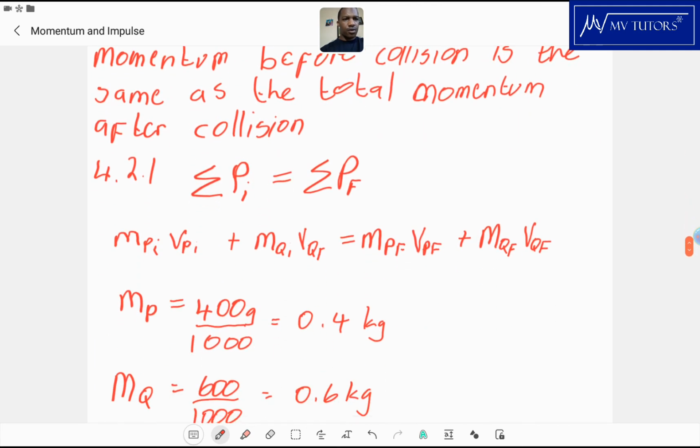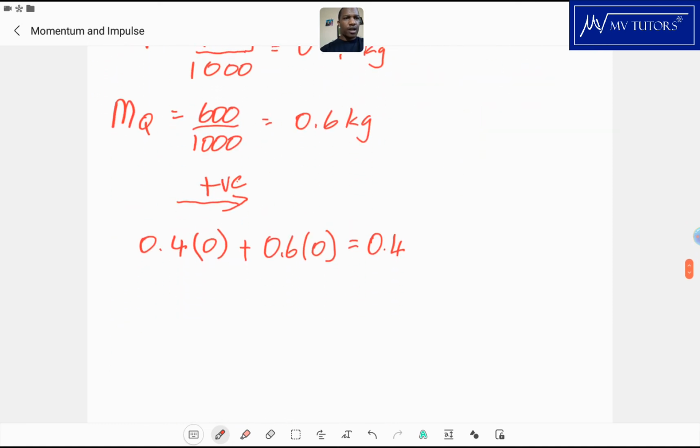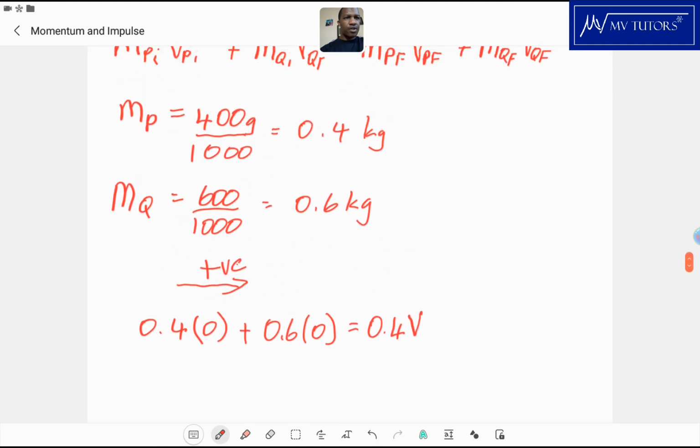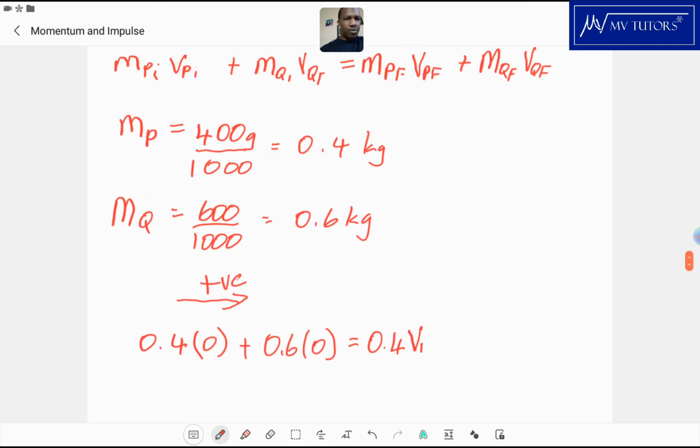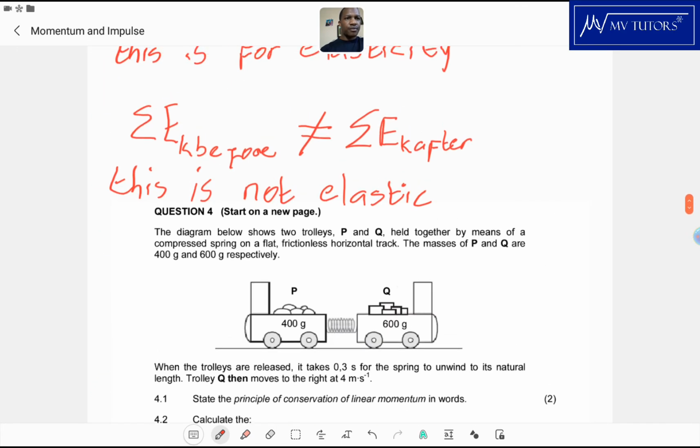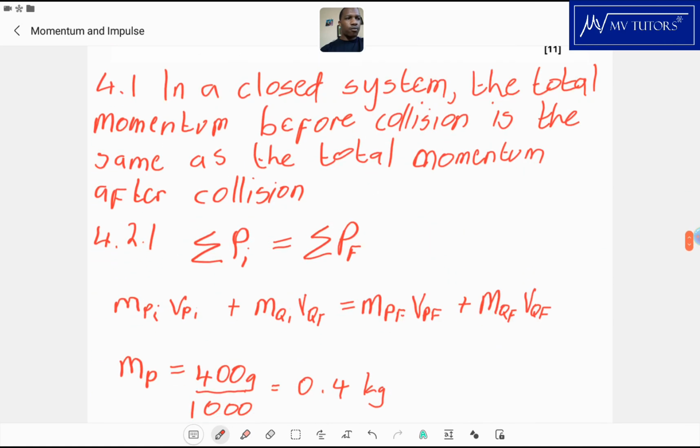Which means when it comes to here, we'll put v, it's VPF, plus, because it's moving to the right, so it's a positive direction for the velocity. So then we'll put, what was it? I forgot the number. It was 4.